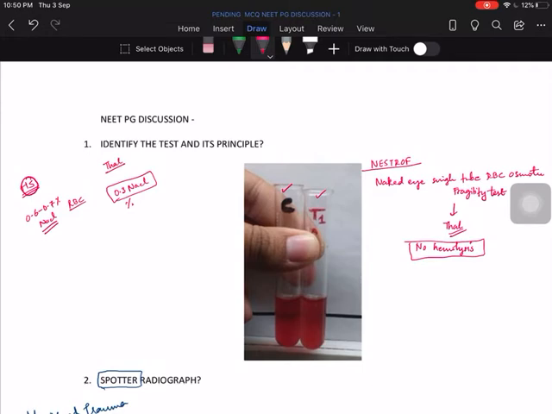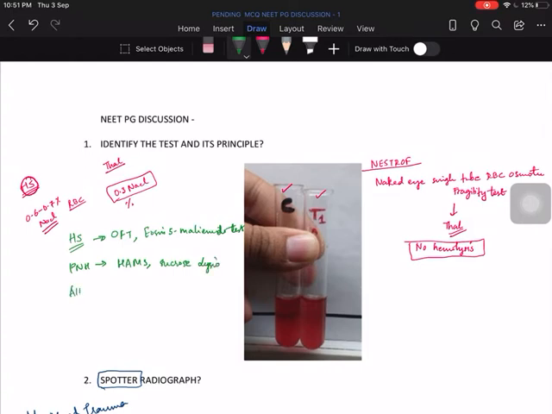And the other tests which we can see in other hematological conditions: for hereditary spherocytosis we do an osmotic fragility test and eosin-5-maleimide test. For PNH we do Ham's test and sucrose lysis test.